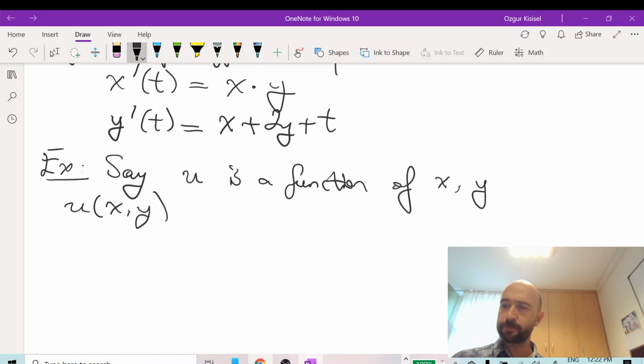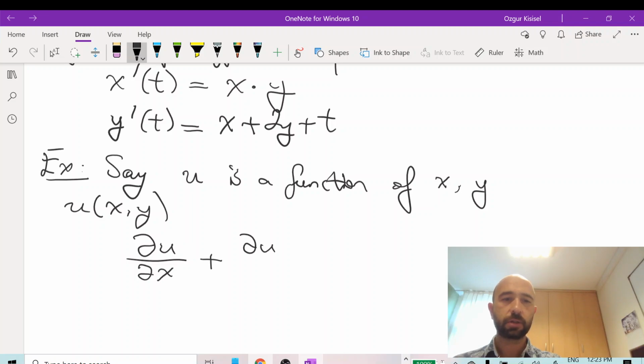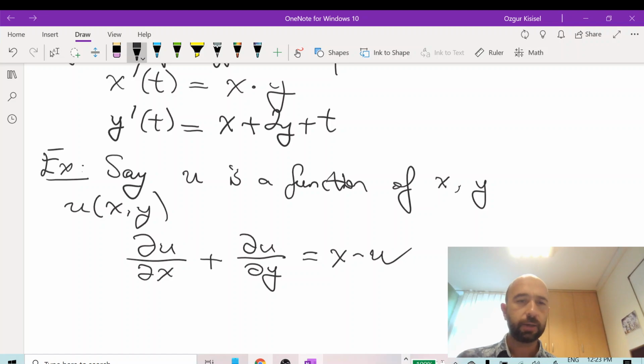Now I want to write some differential equation for this, but if I write u prime, it doesn't mean much. There are two variables, so I have to tell you which derivative I mean. They should be partial derivatives. Something like this might be sensible: del u del x plus del u del y is equal to, let's say, x minus u.